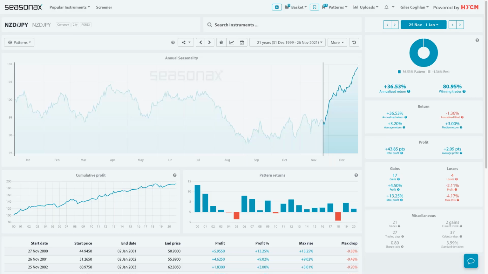Now, there we go, that's perfect. So, New Zealand dollar, Japanese yen. First of all, I want to show the strong seasonal pattern. The New Zealand dollar, Japanese yen tends to rise very strongly at this time of year. You can see that between the 25th of November through to the 1st of January, the pair has risen 17 times in 21 years.